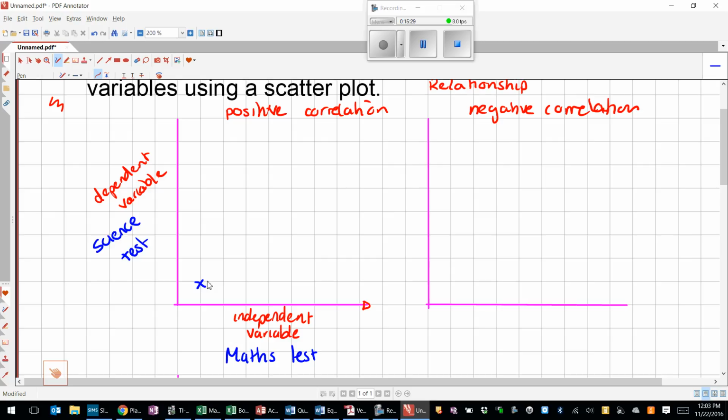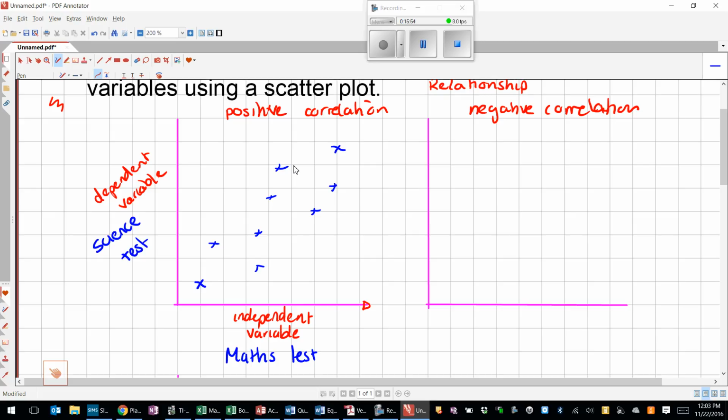If I put one where someone is good at both, where would it go? Top right. High maths, high science. Nice. And then other people are going to be dotted around, like this.